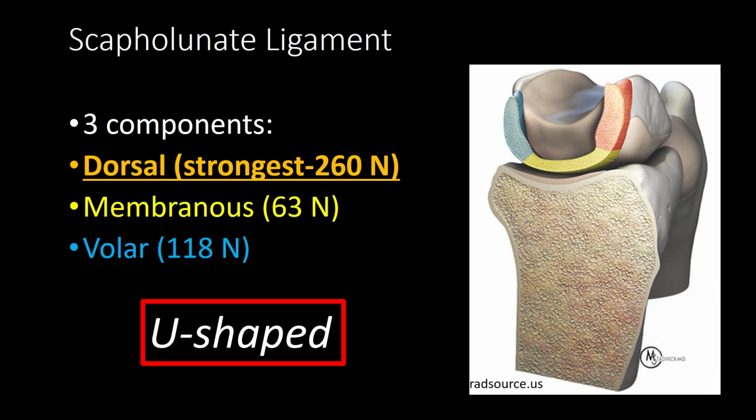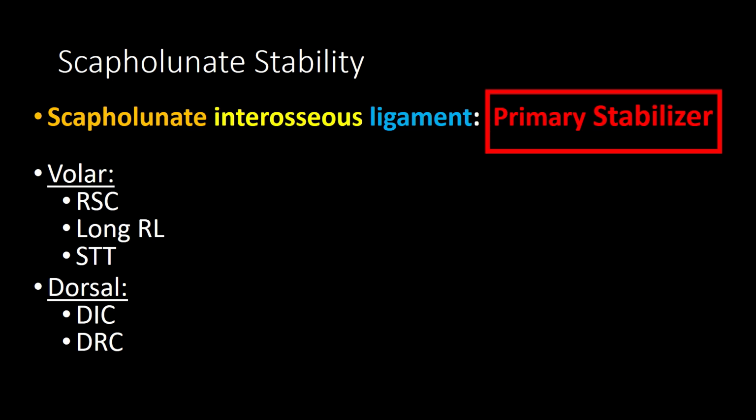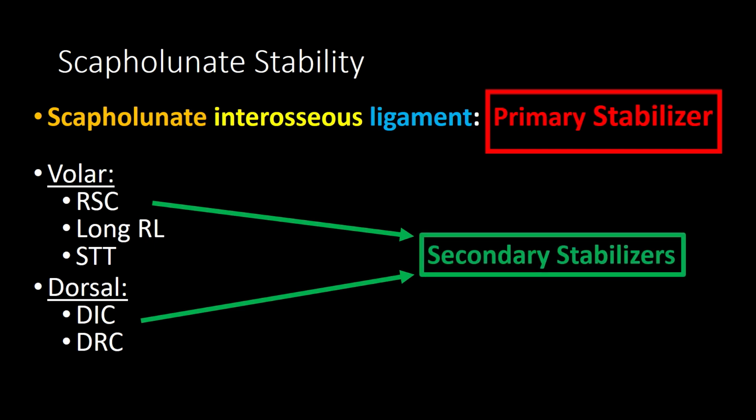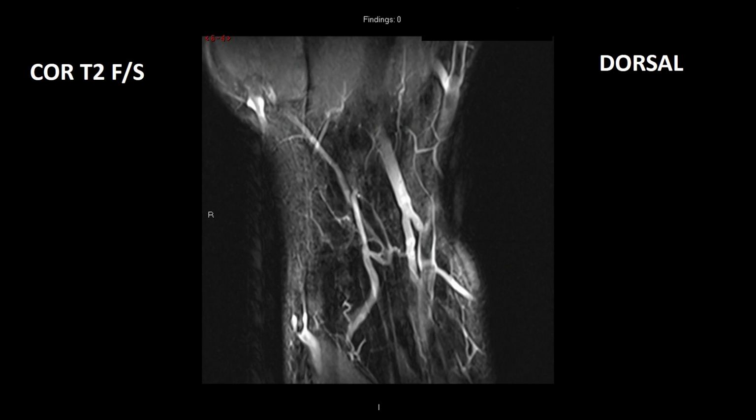So the scapholunate ligament is the primary stabilizer of the scaphoid and the lunate. The other ones I just mentioned to you are still important, and that's why I wanted to take some time to show you them and talk about them. These are secondary stabilizers, and you'll come to realize why labeling them as primary and secondary stabilizers is important.